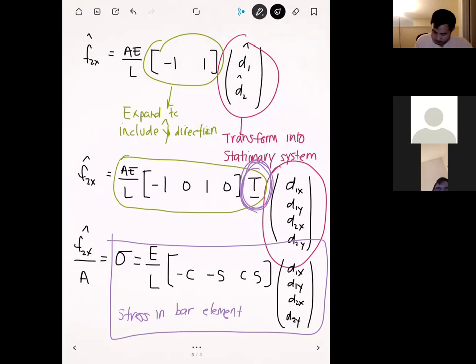All right. And so I do want to cover one more thing before we do our final example in this, and that's this idea of roller supports. Roller supports are a special kind of boundary condition where it will only knock out just one component of displacement.